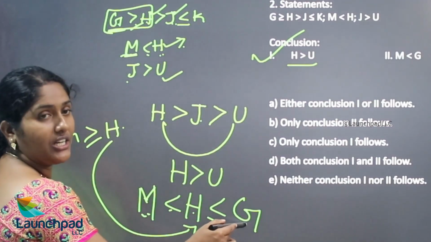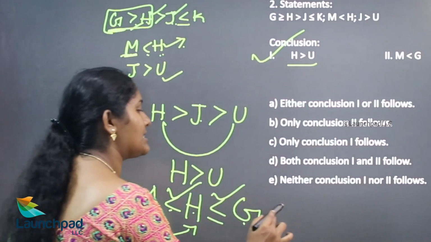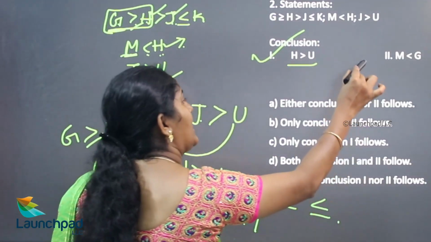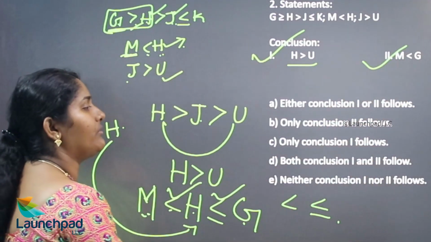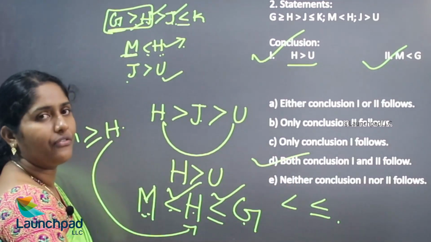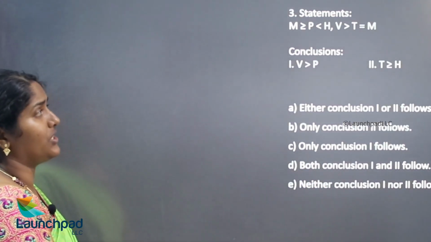M is less than G. Now is there any common symbol? Yes, less than or equal to. The second conclusion is true. Both conclusions 1 and 2 follow. We'll move on to your next question.